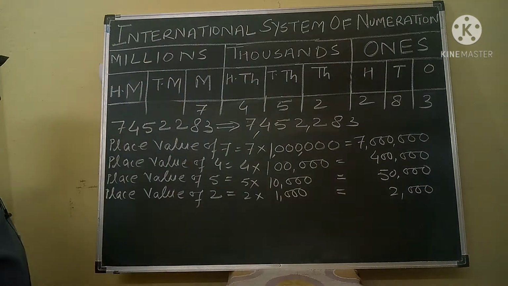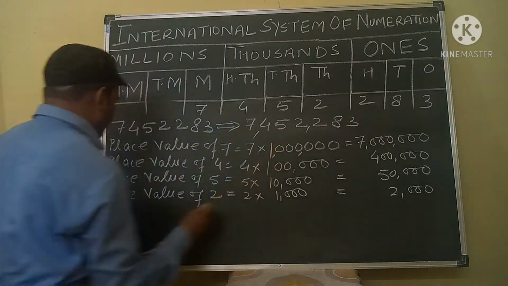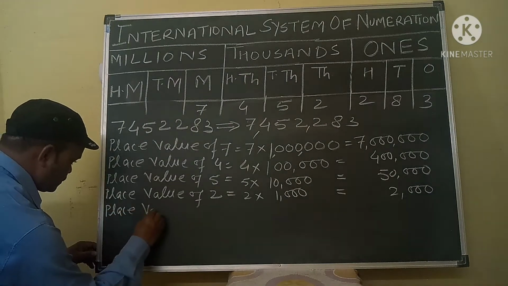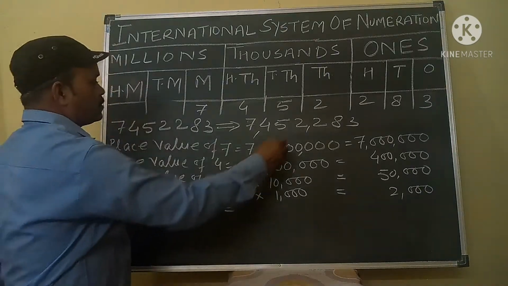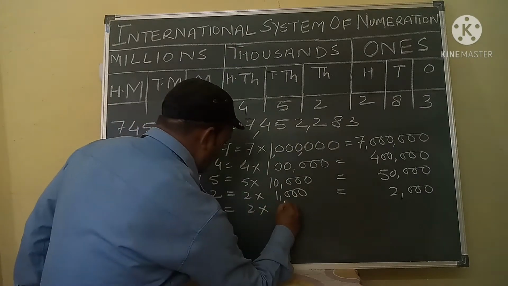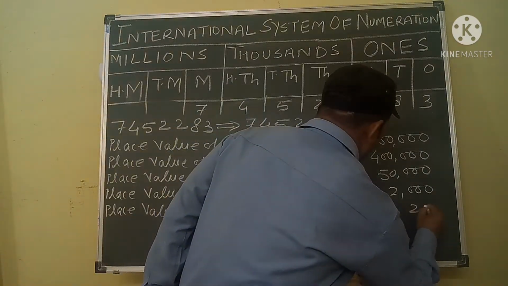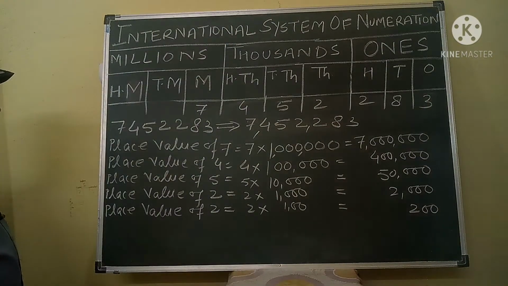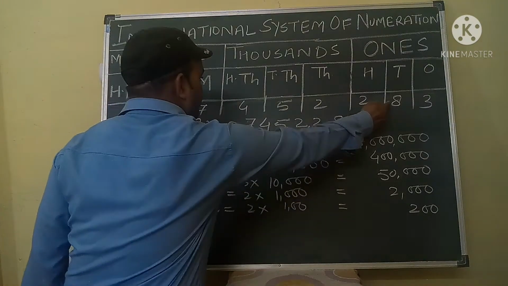Okay. Again we will take out place value of 2. 2 is in 100 place. 2 multiplied by 100, it will give to you 200. Okay.